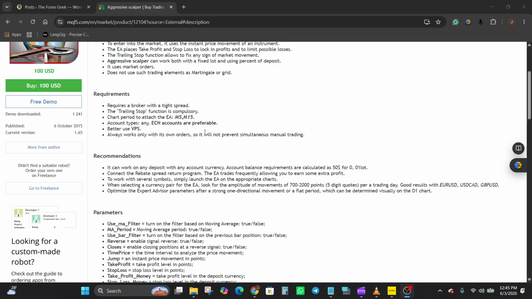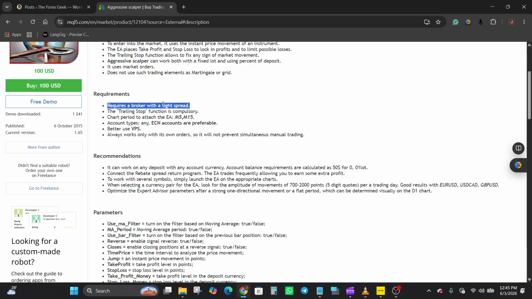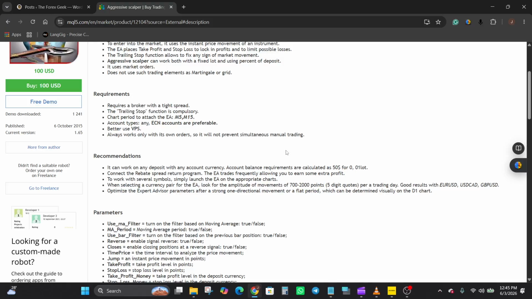Now, going into the requirements section, the developer recommends using a broker with tight spreads, and also highlights that the trailing stop function is essential for proper operation. The EA is intended to run on M5 or M15 timeframes, and ECN account types are suggested.